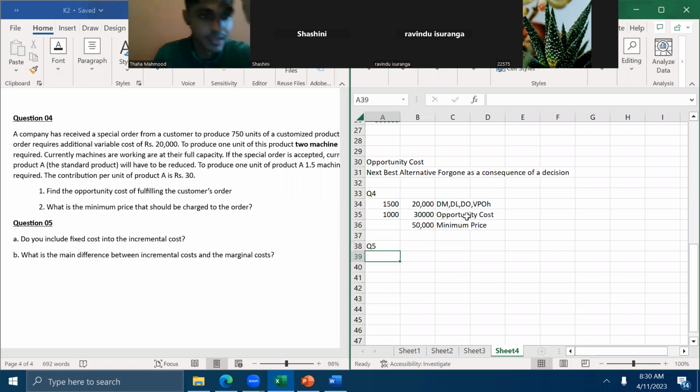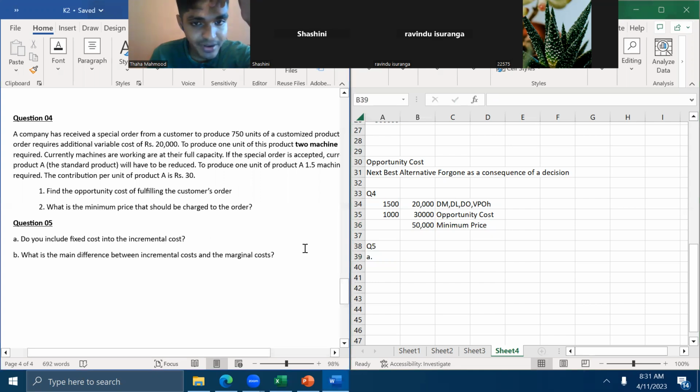Question number 5, do you include fixed cost into incremental costs? Yes. This is where I said we will be touching on specific fixed costs. Do you include fixed cost into the incremental cost?